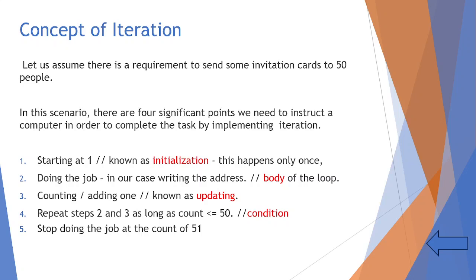The computer checks is 2 less than or equal to 50 or not, though we know implicitly. So initialization, updation of the loop control variable and checking the condition we need to create in order to run the body of the loop several times. So the body of the loop will be repeated with the help of initialization, updation and condition.